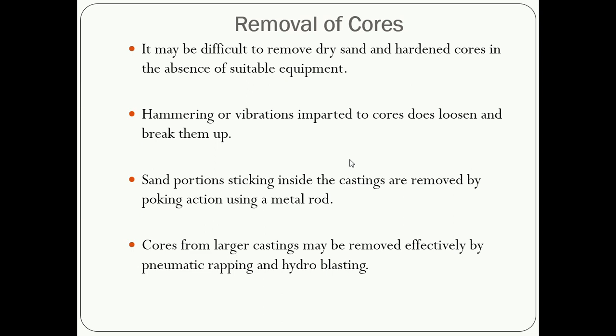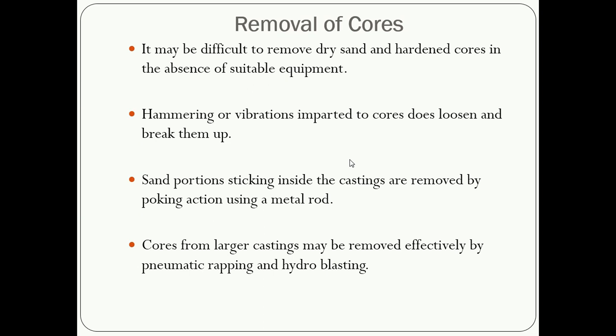As the core is inside the casting, there may be sand sticking to the internal surface of that casting, and it is removed by the poking action. Poking action means what? One metal rod is there, having a pin point at the front, and you carry out a rubbing action with that pin point on the inner surface of the casting.